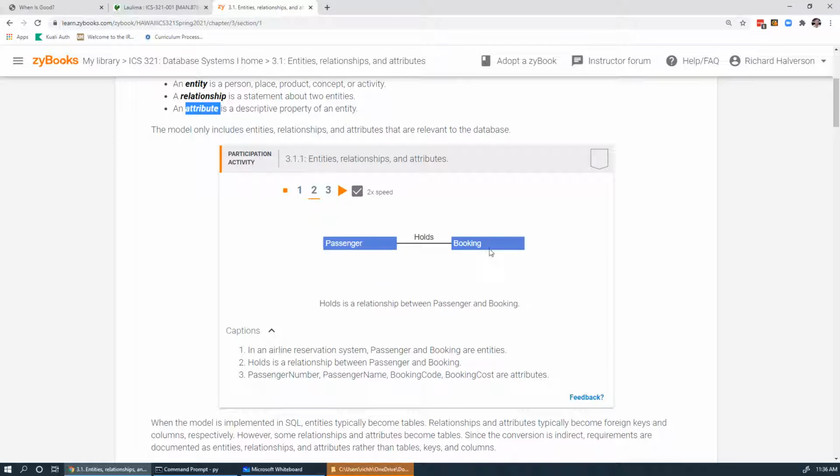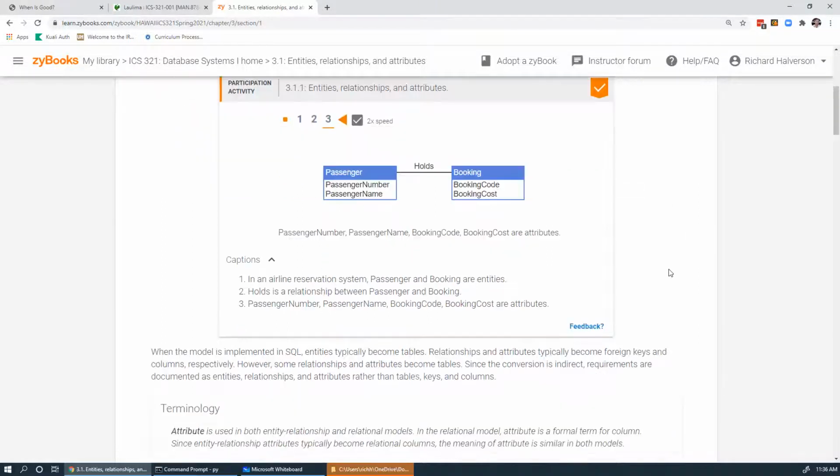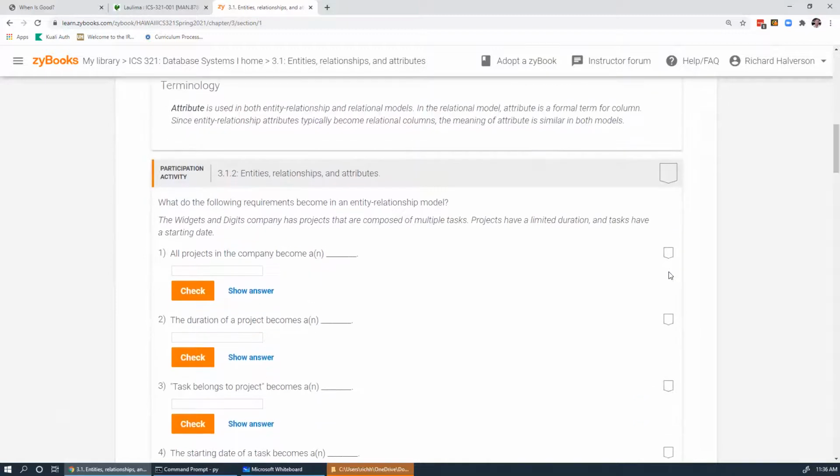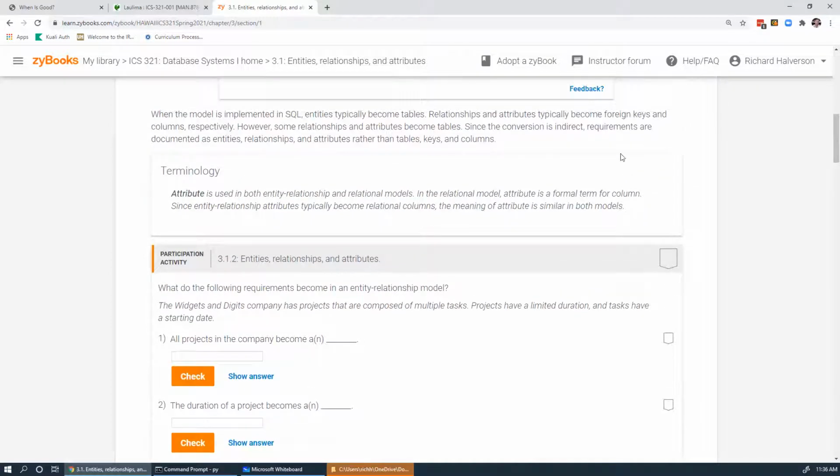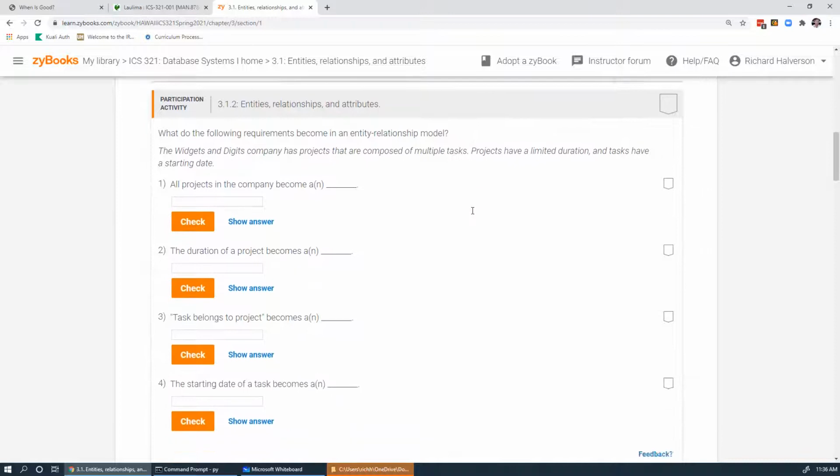It means a passenger holds a booking. And there are attributes that each of these have. An attribute is used in both entity relationship models and relational models. In the relational model, an attribute is a formal term for a column, and such entity relationship attributes typically become relational columns. And so the meaning is similar.